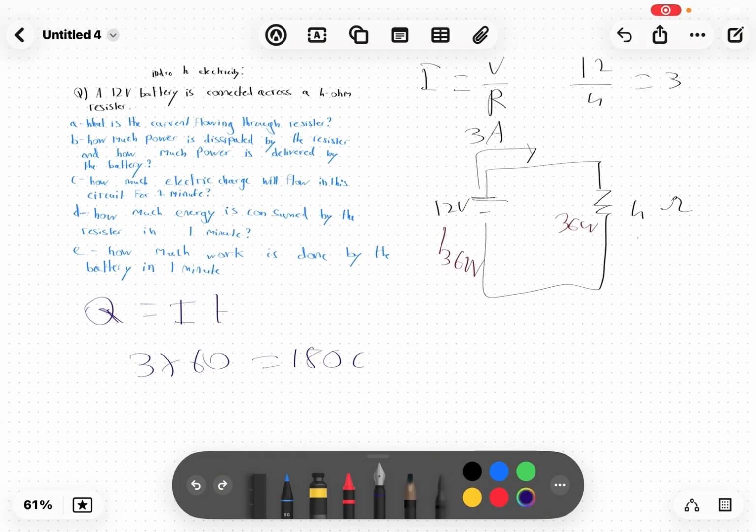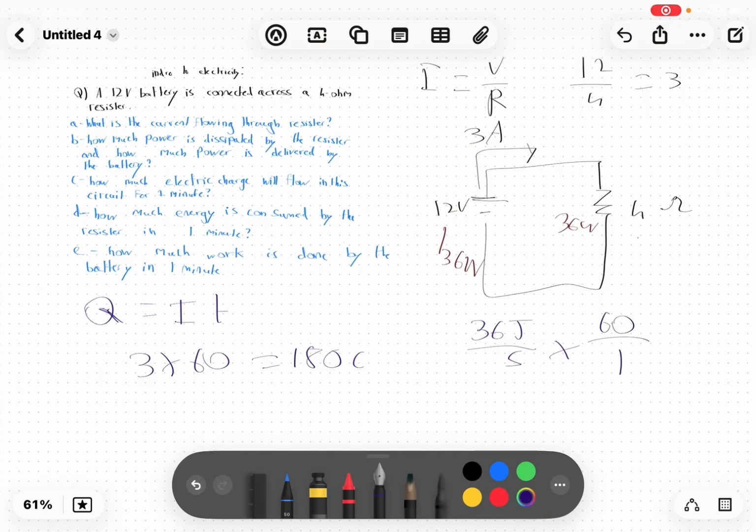So 36 watts means 36 joules per second, every single second, and then we multiply it by 60 because that's how much in 1 minute.